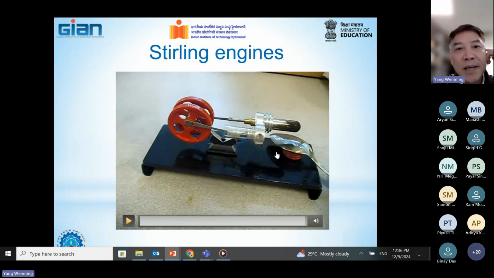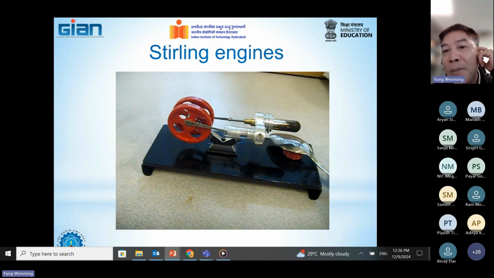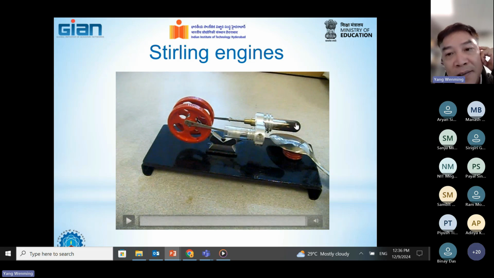Yeah, so here we show you how the Stirling engine works, the basic design. You can see there are two chambers or two cylinders. In this one, we use the flame from the burner to heat up the gas inside this cylinder.